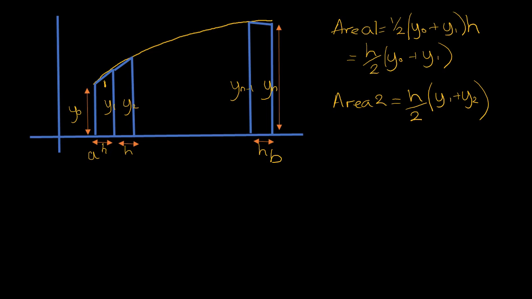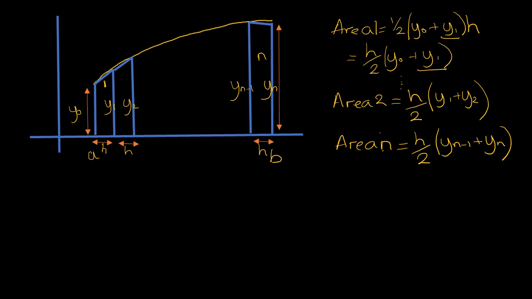And if we take that down here, so here's our nth one, the area of the nth one is going to be h over 2 times yn minus 1 plus yn. So what you'll see happening here, if we were to add all of these, including the ones in between, together, is that we're going to be adding some things in twice. We can see it here with this y1.